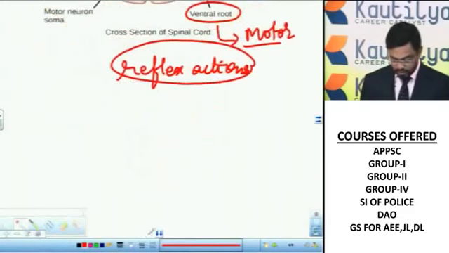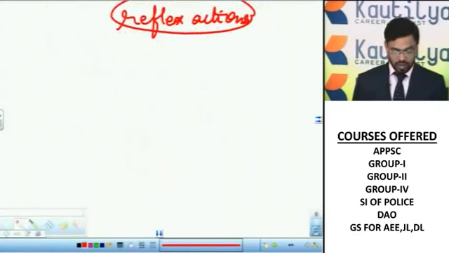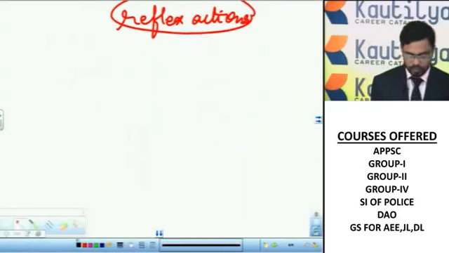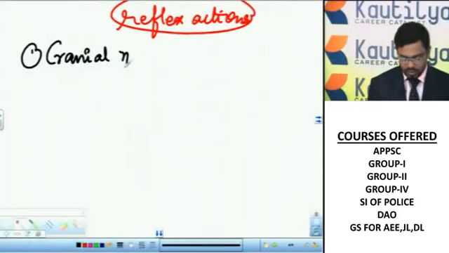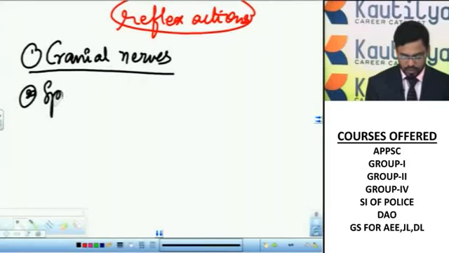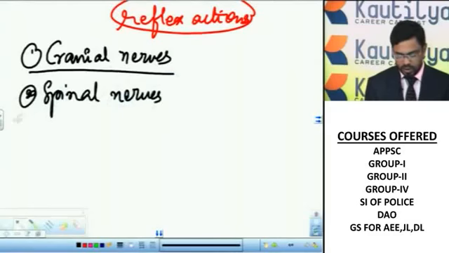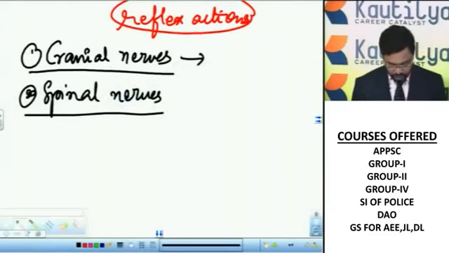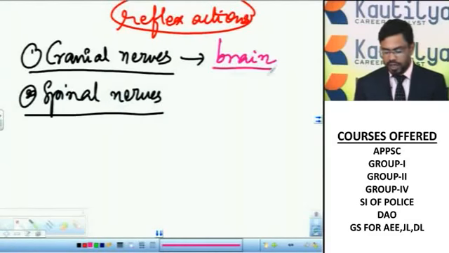Let us see the peripheral nervous system. The peripheral nervous system contains two types of nerves: cranial nerves and spinal nerves. The nerves which originate from the brain are called cranial nerves.